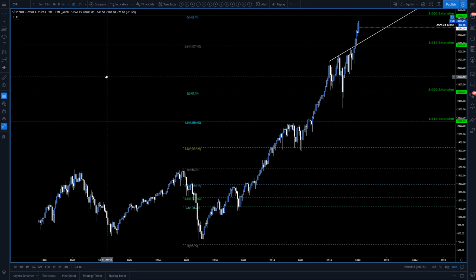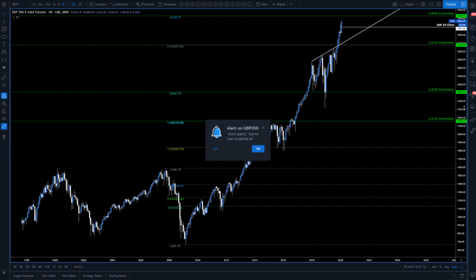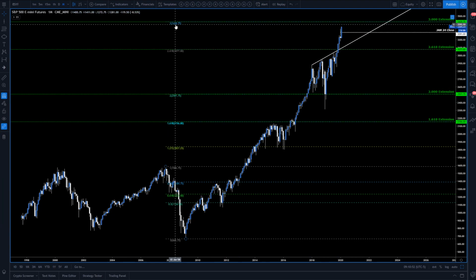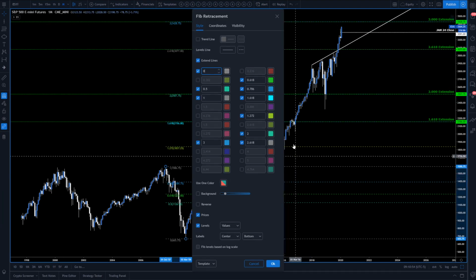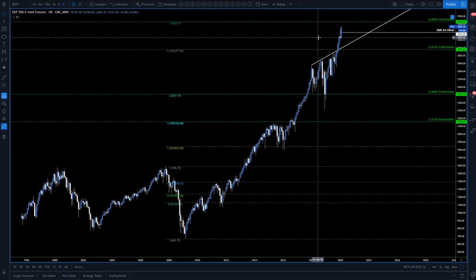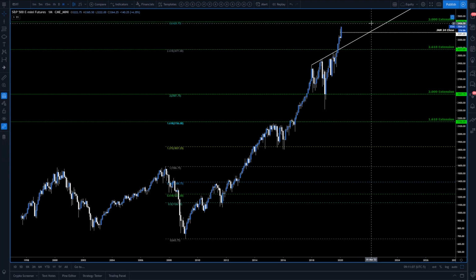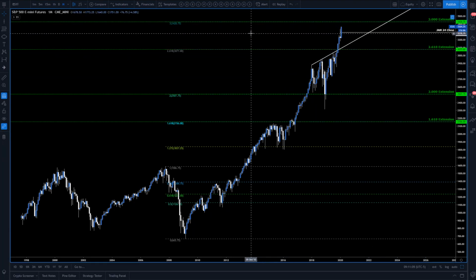A lot of these scripts that I'm using are all free on my TradingView profile that's listed in the YouTube area. This guy here, this 3.0 extension, that's up here. This is at about 34.28 for S&P 500 futures.